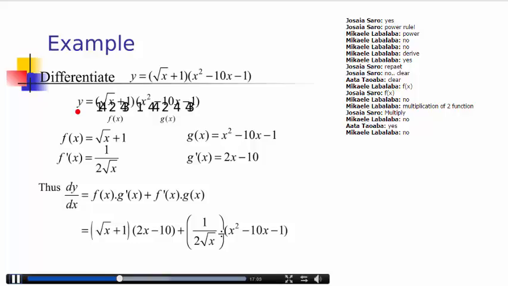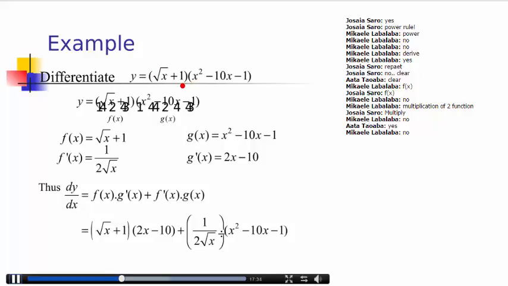Okay, but your question is this. Differentiate y is equals to root of x plus 1 into x squared minus 10x minus 1. So now in this case you have two different functions that are being multiplied.